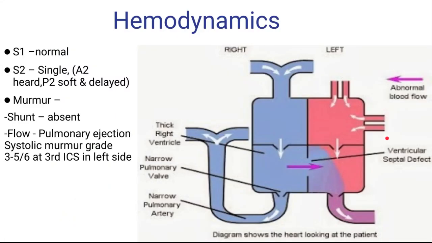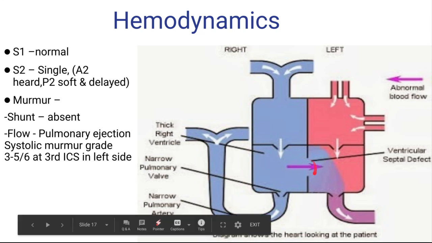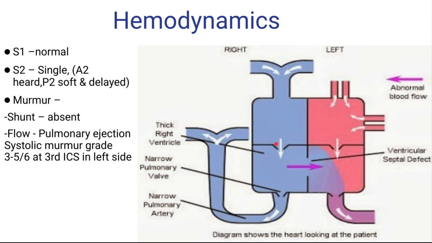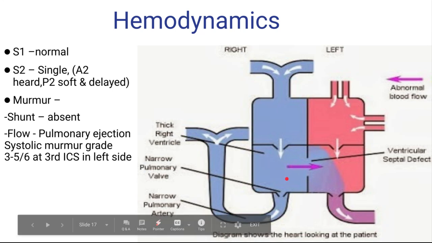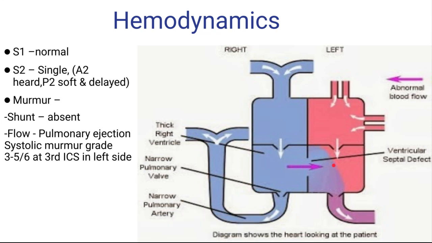So hemodynamics of this: right to left shunt through VSD. There will be a normal S1, or first heart sound. S2 will be single. So P2 comes early and A2 becomes delayed due to increased volume of blood in the left ventricle.